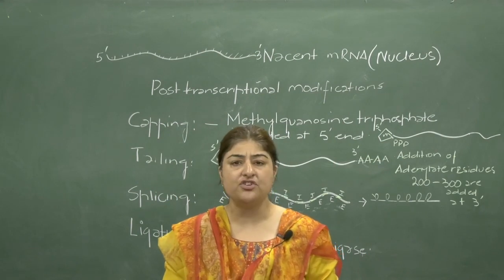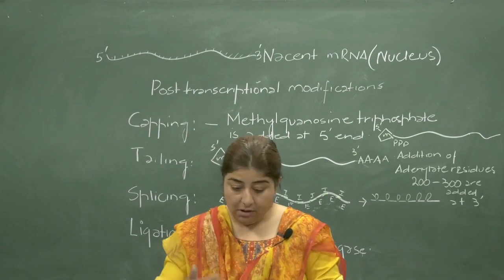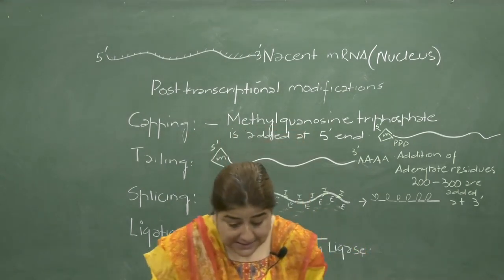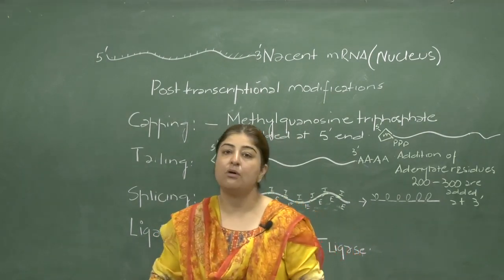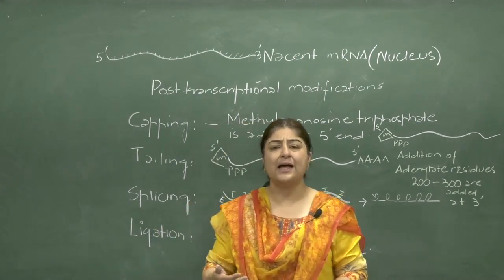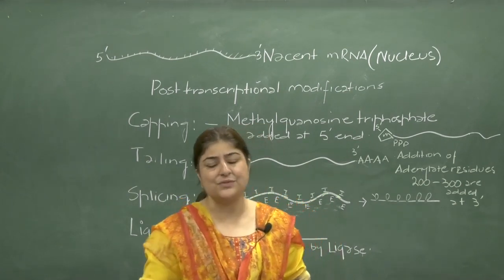Now this is non-functional because of certain points. Firstly, in order to make it suitable for protein synthesis, this nascent mRNA needs to undergo certain post-transcriptional modifications in case of eukaryotes. As I have already said, in case of prokaryotes, it is functional as soon as it is formed.